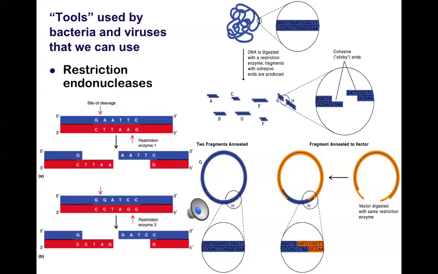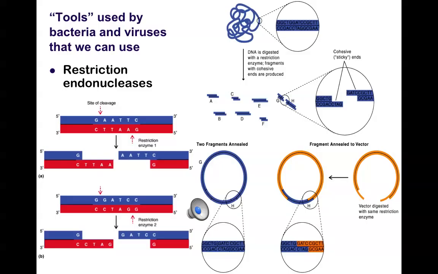But occasionally, we will find that the DNA from the two different sources with the same sticky ends will anneal to each other and create our recombinant DNA, which is illustrated in the middle of this slide. So now we have a piece of single circular DNA that's mostly yellow, but also has this new blue piece of DNA spliced inside.